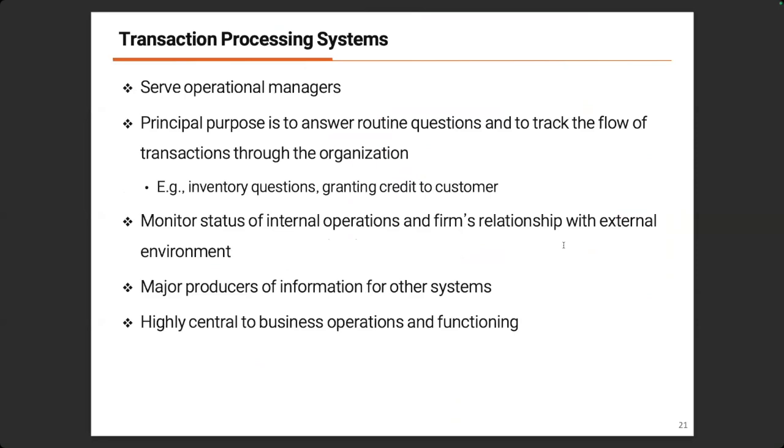It keeps track of elementary activities and transactions such as sales or receipts, cash deposits, or payroll, or credit ratings, and some flow of materials in a factory. Such kinds of transactions need to be tracked by these kinds of TPS systems.